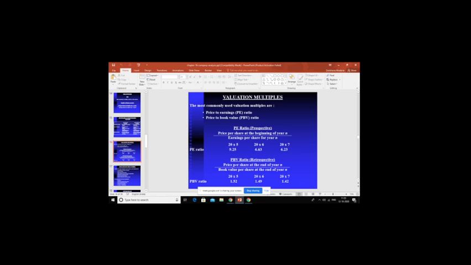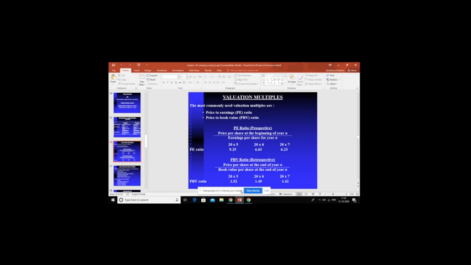Okay. And price to book value. So this is something like historical, and this is ongoing for each and every year. For current period you can find out, that is PE ratio. PBV ratio is price per share at the end of particular year divided by book value per share. Okay, so that will give you PBV ratio.